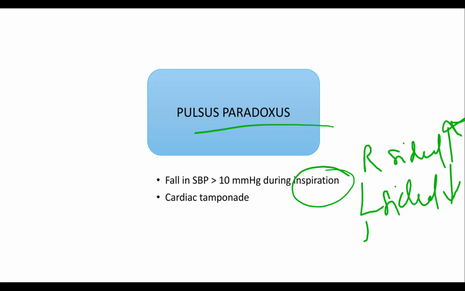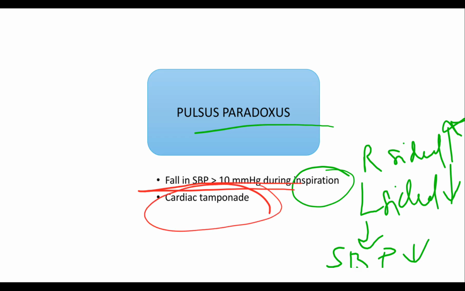Since the left-sided volume is decreasing, there is a slight fall in SBP, because systolic blood pressure is a direct reflection of left ventricular end diastolic volume. In pulsus paradoxus, this fall is even more exaggerated, more than 10 millimeters of mercury.